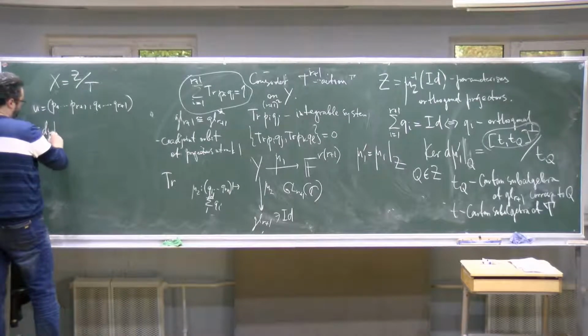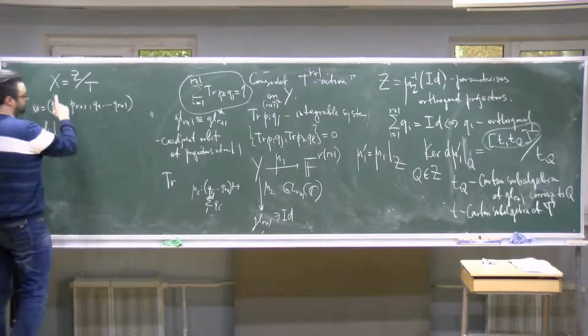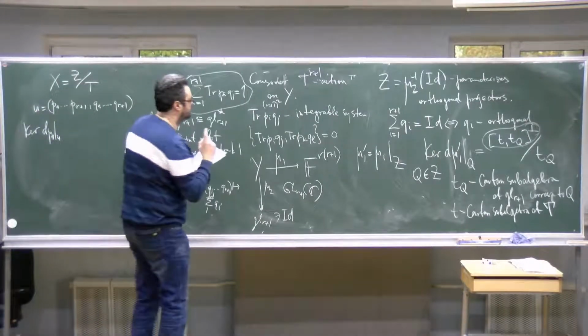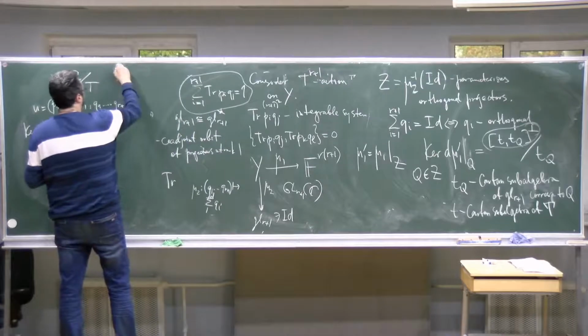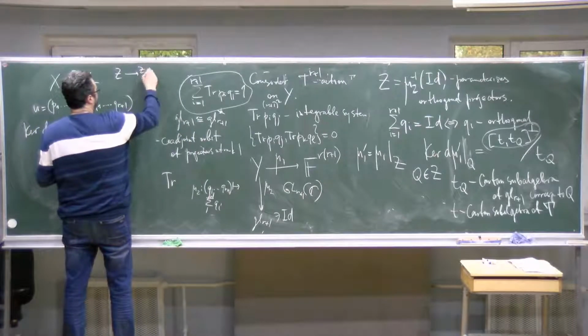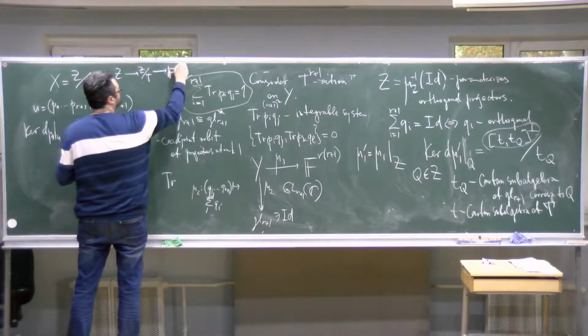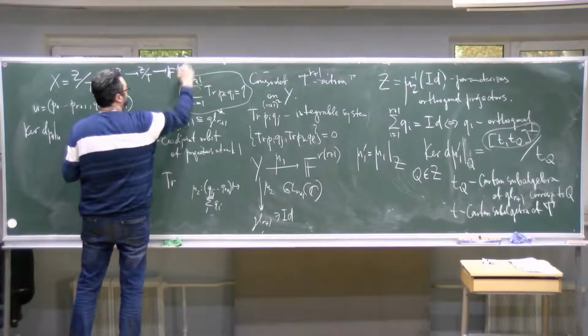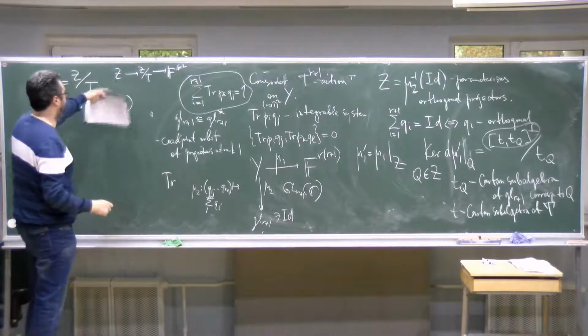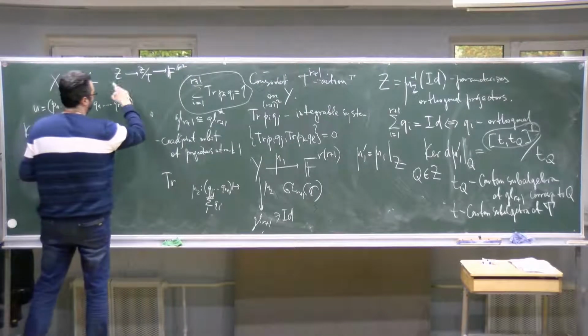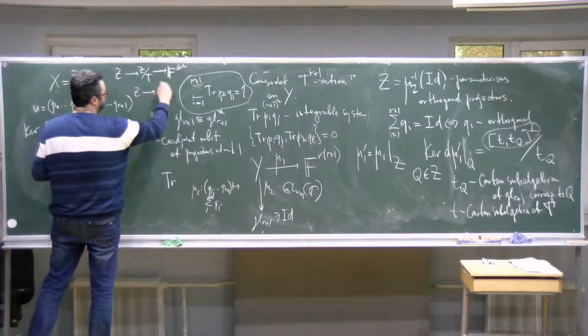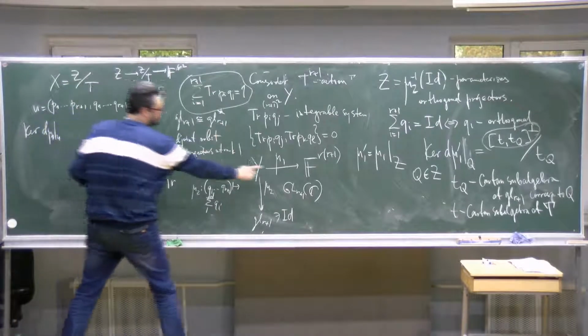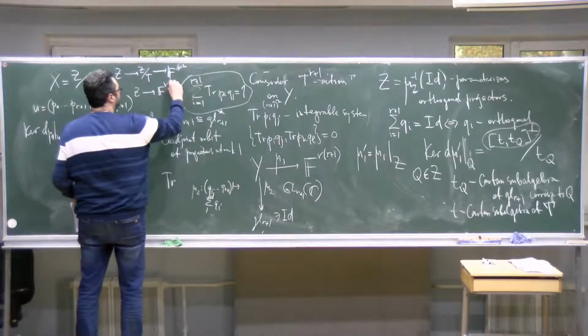identification. Consider we have the following decomposition of morphism from Z to F R plus 1.